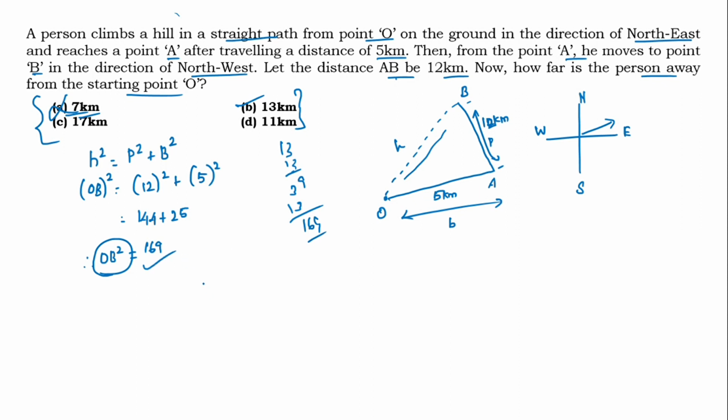Therefore OB is equal to 13 kilometer. Therefore this person is 13 kilometer away from his starting point. Right? Let's move on to the next example.